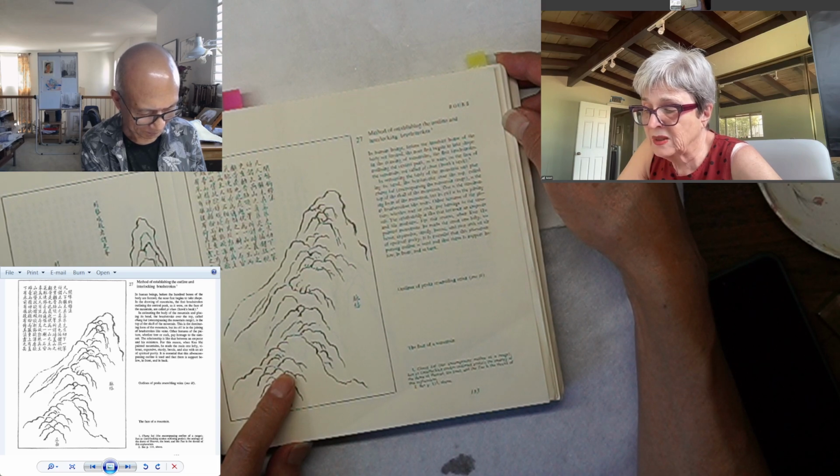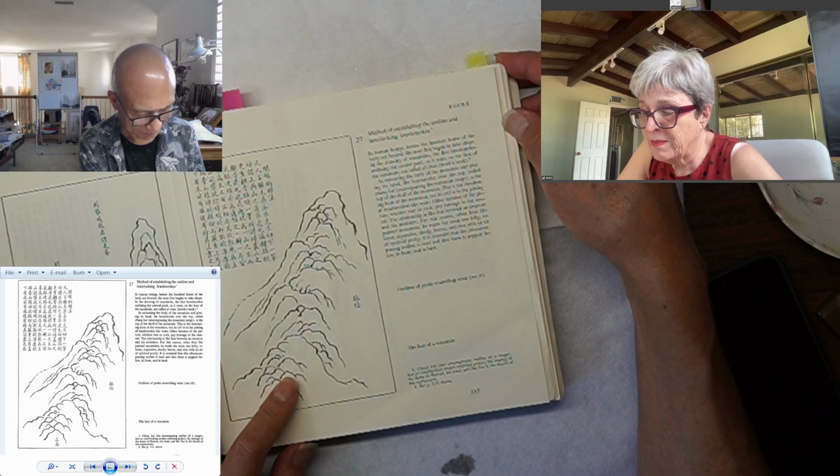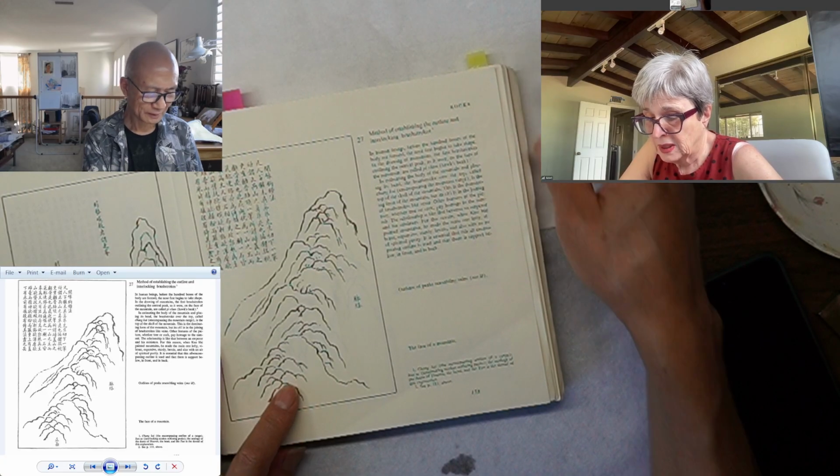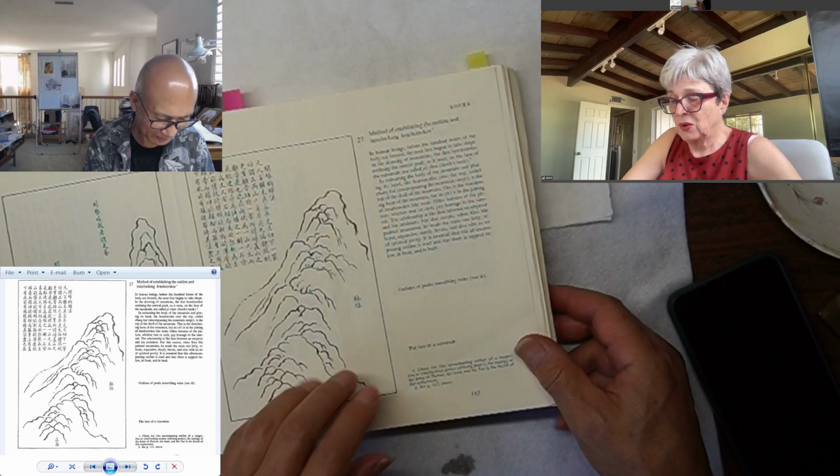For this reason, when Kuo Si painted mountains, he made the main one lofty, vibrant, expansive, sturdy, heroic, and also with an air of spiritual purity. It is essential that this all-encompassing outline is used, and that there is support below, in front, and in back.